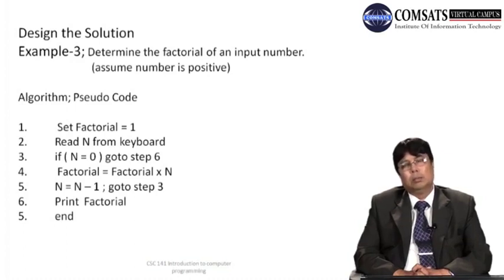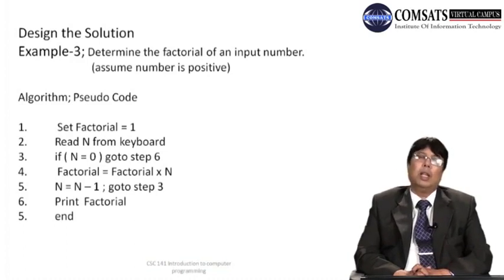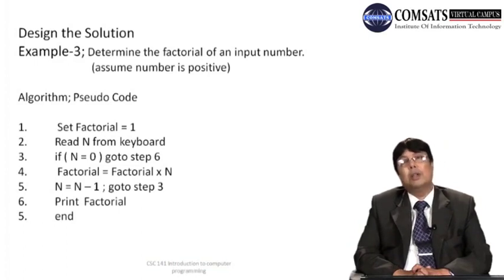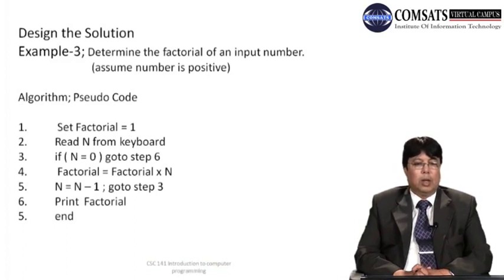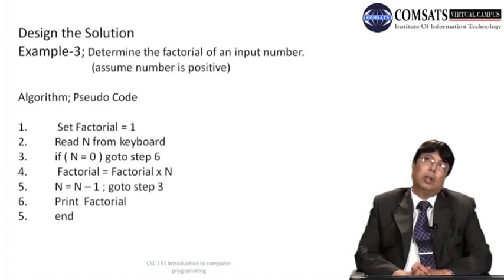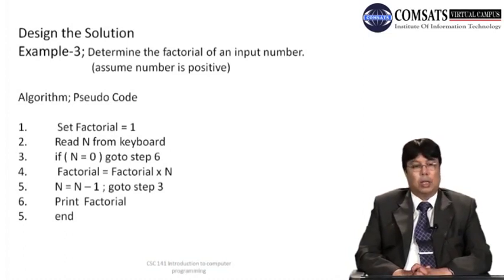Use it around or within 20, factorial of 20, or maybe less than that. I will explain it later in the next lecture when I explain the data types and their capacity and limitations. This is just a caution. So let us develop the algorithm. First we will develop the algorithm in pseudocode and then in a flowchart.